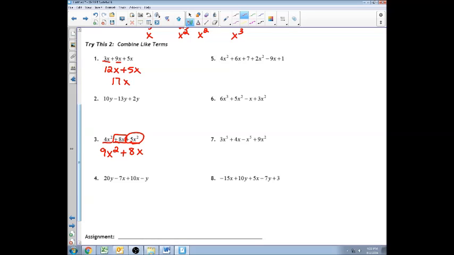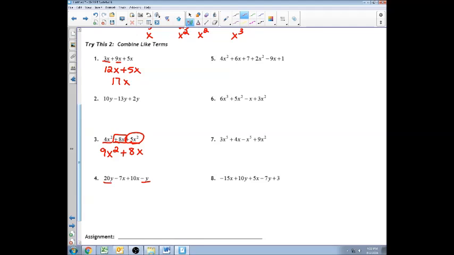Now we'll jump down to number 4. Again, I can only combine them if the variable is exactly the same. So just like with the different exponents in problem number 3, if the variable is not exactly the same, I cannot combine them. The first thing I'm going to look at, this 20y, what can it be combined with? Well, the negative y here.